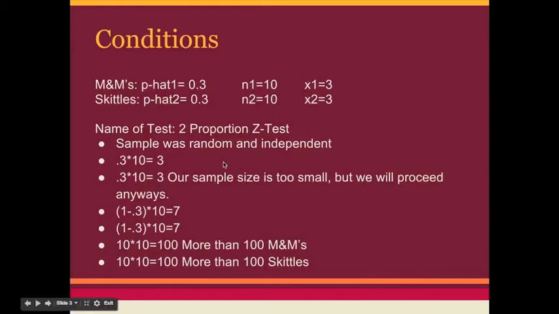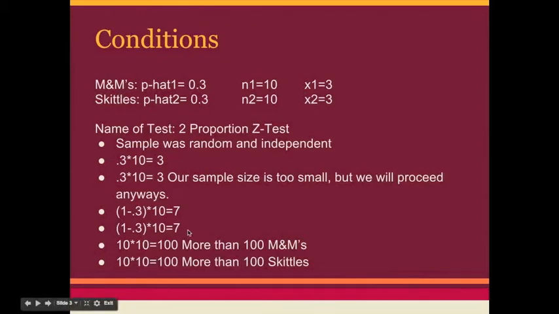The next condition is we have to take 1 minus p hat times our n value. So we're going to have 1 minus 0.3 times 10 equals 7, which is greater than 5, which is good for the M&Ms. And our values were exactly the same for the Skittles, in which we had 1 minus 0.3, which is 0.7, times 10 equals 7. So those conditions were met.